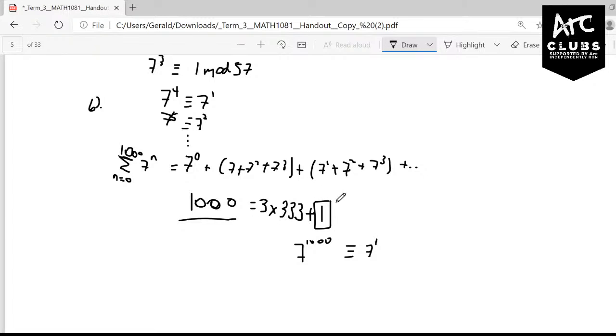And because there is only one leftover power, it must be the start of a new series here. And so 7 to the power of 1000 reduces down to 7 to the power of 1, which is just 7. So this entire sum here reduces down to 7 to the power of 0 plus 3 times 333.